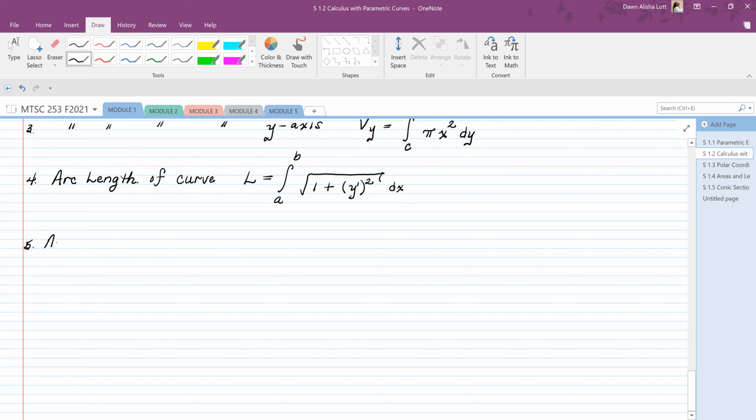Area of surface of revolution, well, that required also the arc length. All right, but for this one, this is about the x-axis.